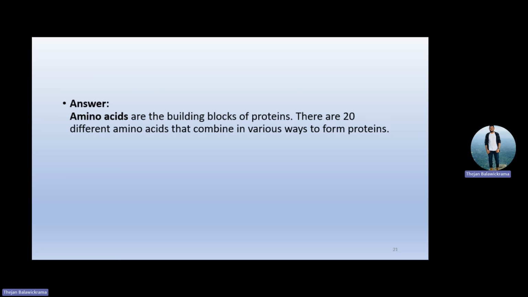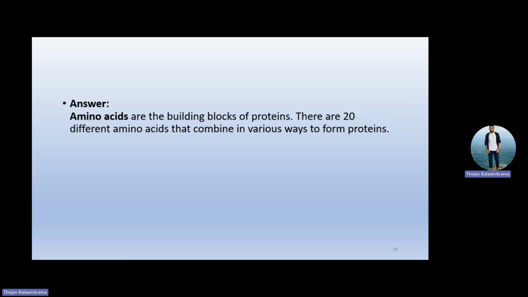AB, AB, AB is one protein. AAB, AAB, AAB is another protein. ABA, ABA, ABA, likewise. You see, an uncountable number of different proteins can be made with just two amino acids.